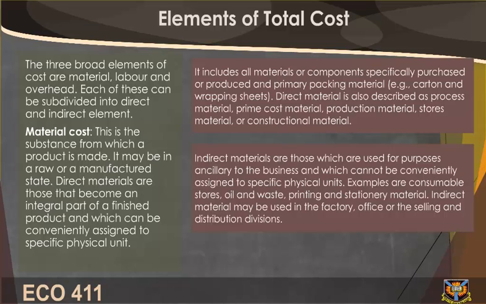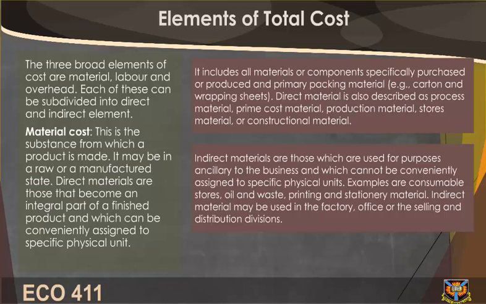Material cost. This is the substance from which a product is made. It may be in a raw or a manufactured state. Direct materials are those that become an integral part of a finished product and which can be conveniently assigned to a specific physical unit.